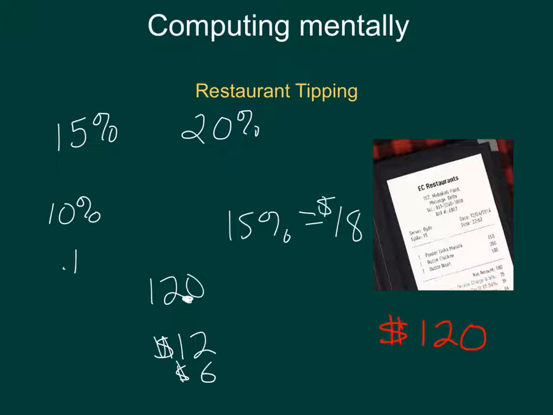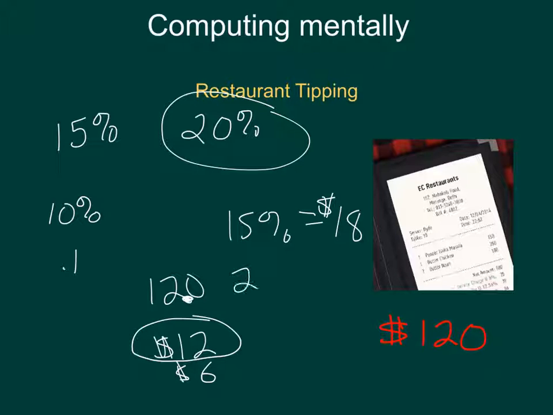Now sometimes when my service is really good or I really like the waiter or waitress, I'm going to give 20%. So here again, mentally, I know that $12 is 10%, so 20% would be double that. So if I wanted to tip 20% on that bill, it's going to be $24, just like that.